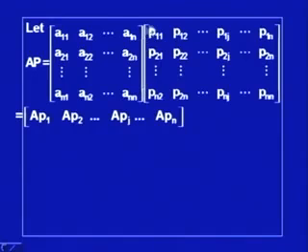So, the first element in this row is AP1, this matrix multiplied by this column. The second element will be this matrix multiplied by this column, and this is the jth entry in this product, and APn is the last entry.